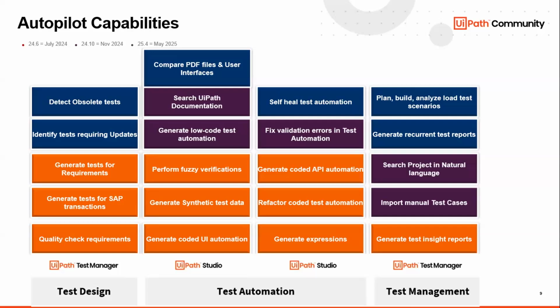But here comes the AI-powered test insight report, where it will analyze your real-time data, and based on that it will provide details like which test cases have failed and why they have failed. It will also provide recommendations on how you can fix those issues.